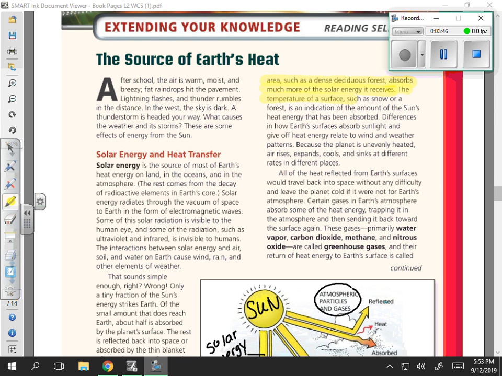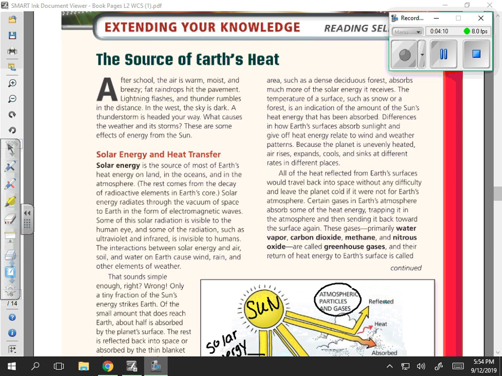The temperature of a surface such as snow or forest is an indication of the amount of the sun's heat energy that has been absorbed. Differences in how Earth's surfaces absorb sunlight and give off heat energy relate to wind and weather patterns. Because the planet is unevenly heated, air rises, expands, cools, and sinks at different rates in different places.